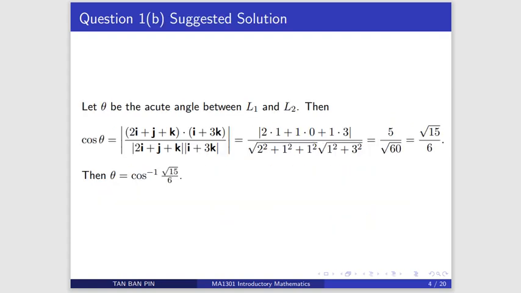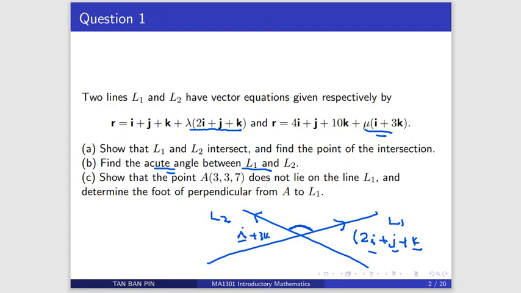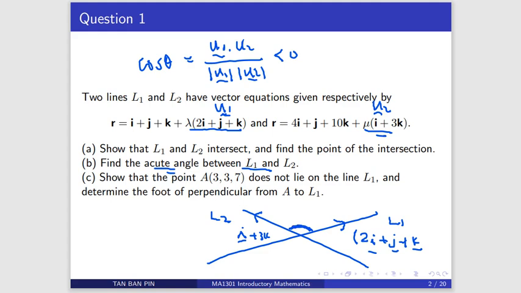So if you take this one I call U1, this one I call U2, and find cosine theta equal to U1 dot U2 over magnitude of U1 times magnitude of U2, it might give you a negative, which means the angle is actually obtuse, because the direction vectors U1 and U2 make an obtuse angle between each other.